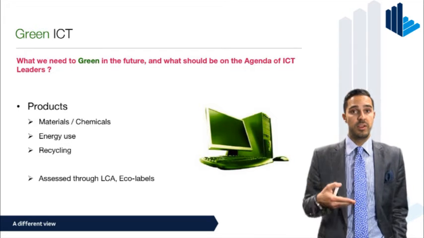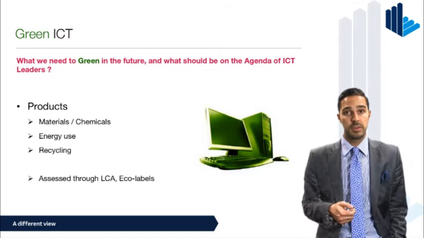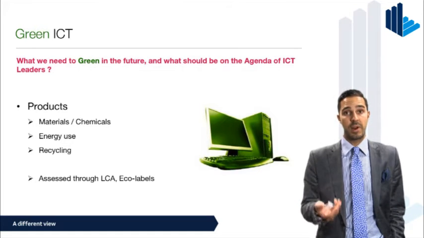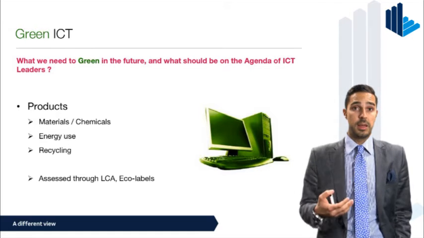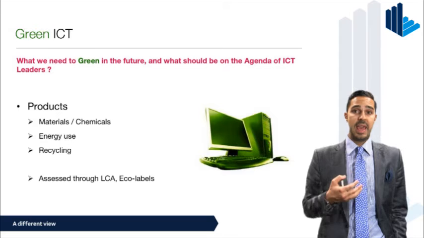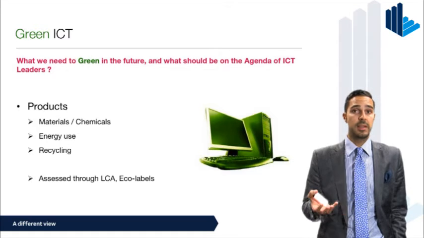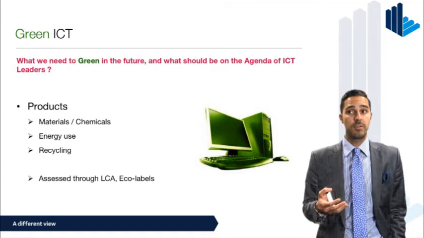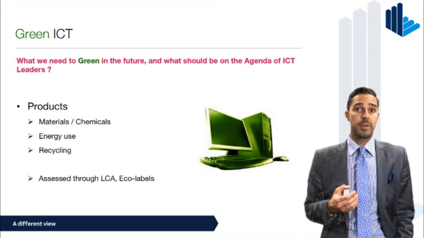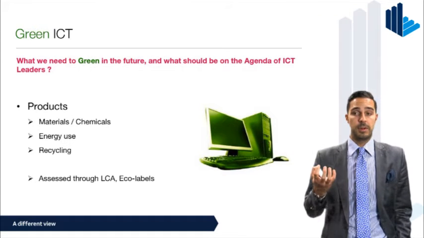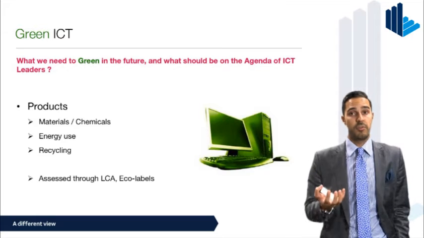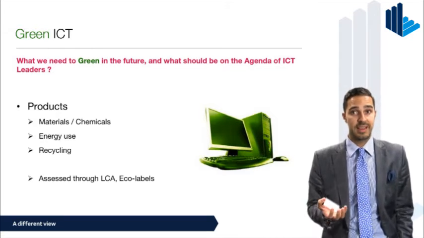This means reducing the energy that is used in the production and the energy that is necessary for running and using the products, increasing the recycling component of products, and also reducing the materials that are used and the chemicals in the products. It's also very important that the impacts, the environmental performance of products is properly assessed.